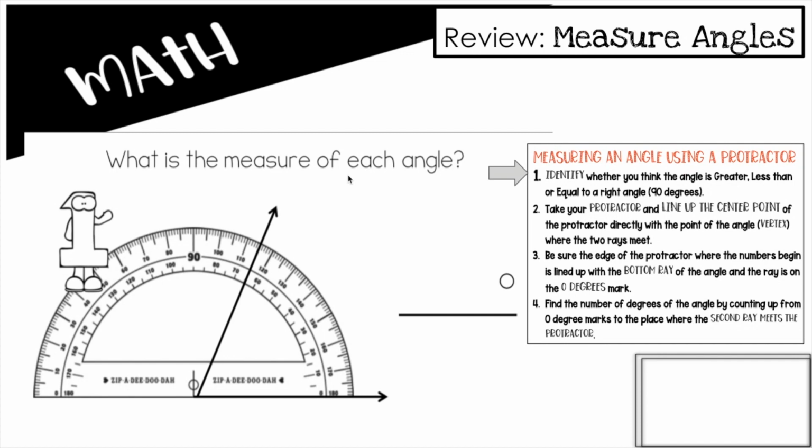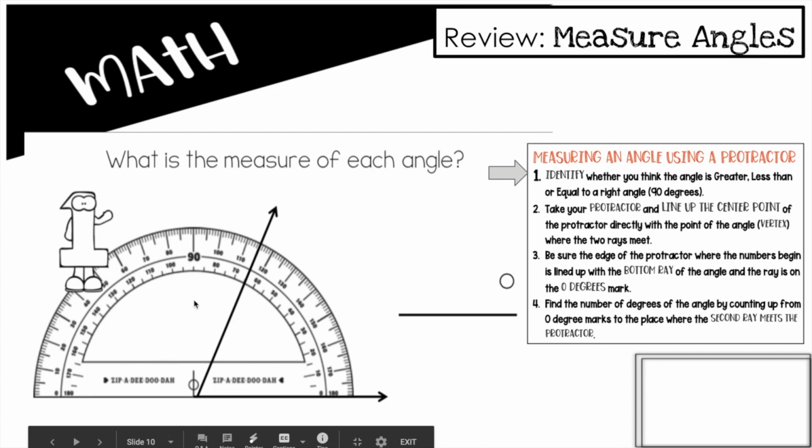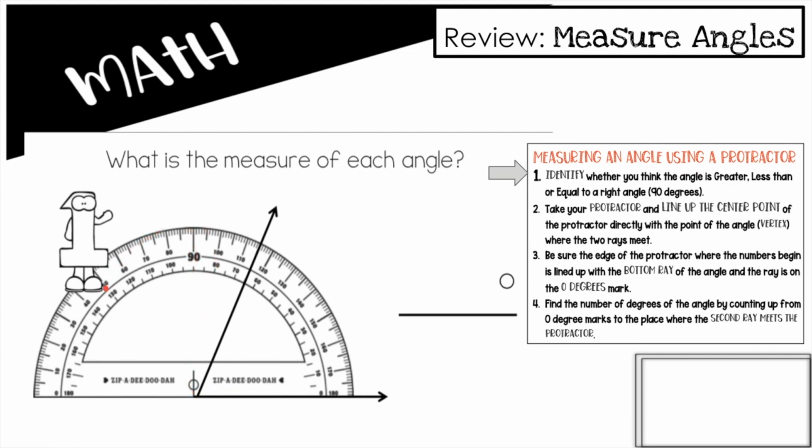All right, and we see that 90 degree mark right here because we know 90 degrees is when you're making that L, or you put up your hands in the sky and you have one pointing up and one to the side. You know that it's that L. So you anchor yourself and say, okay, if I had 90 degrees, it would go straight down and across. Okay, well, this angle, is it bigger than that? It looks a little smaller.